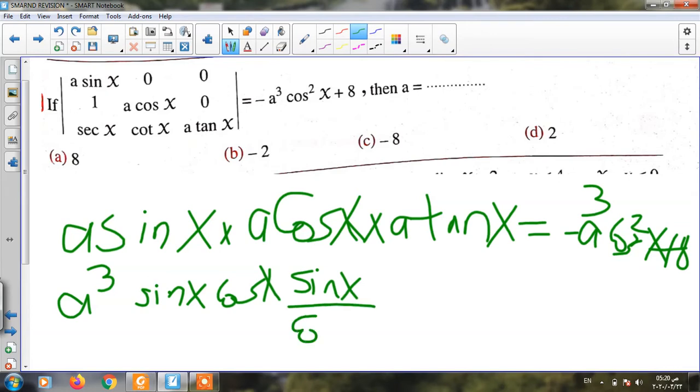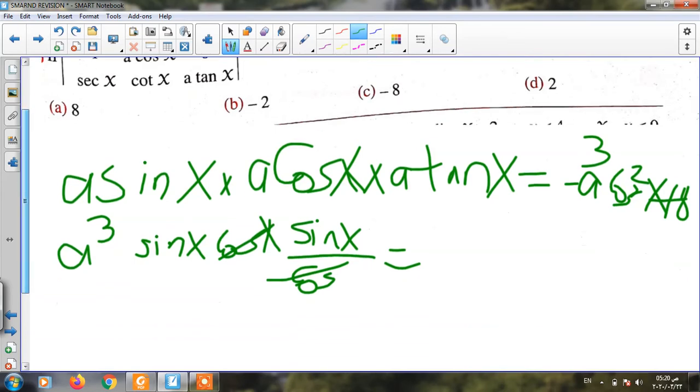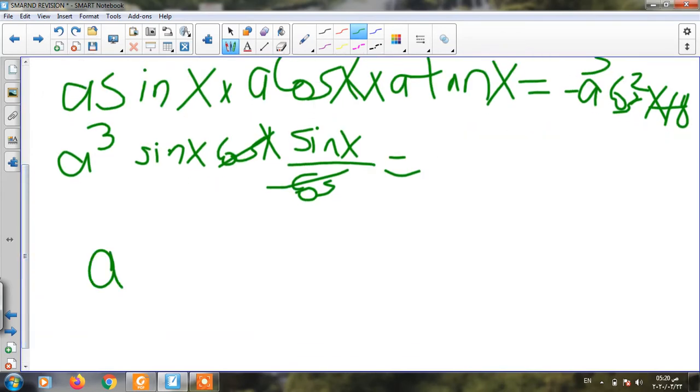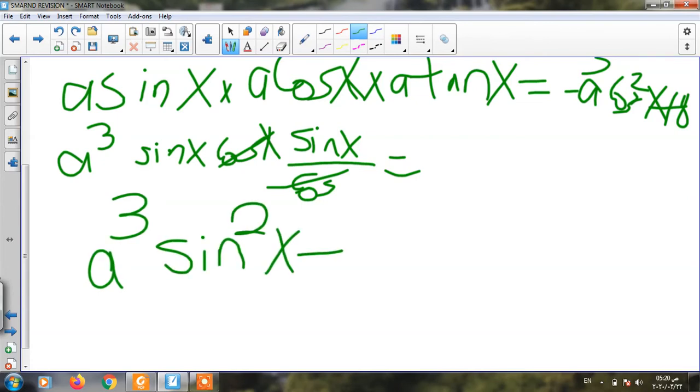So it's going to be a cubed sin squared x, plus, we move the negative a cubed cos squared x inside with positive, a cubed cos squared x, equals 8.